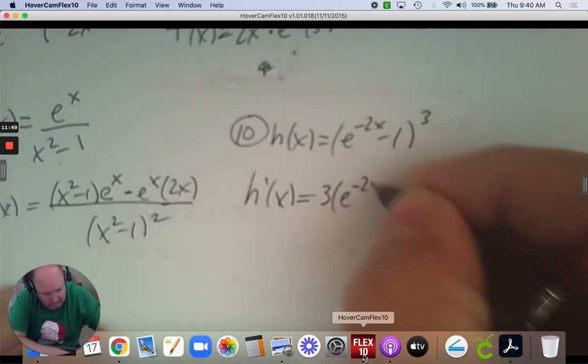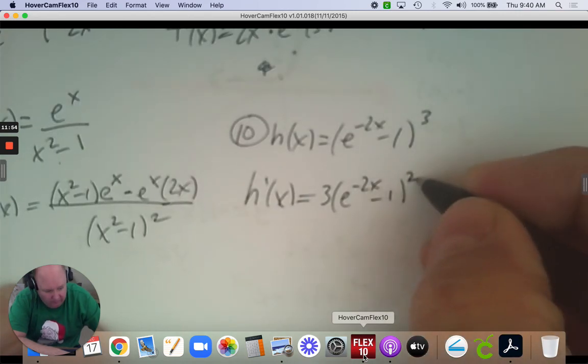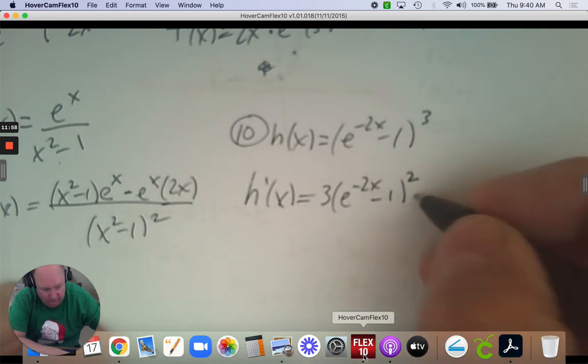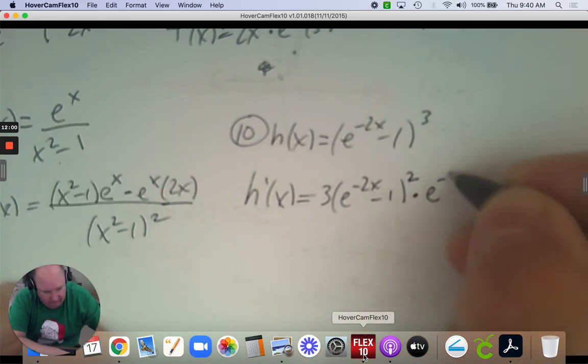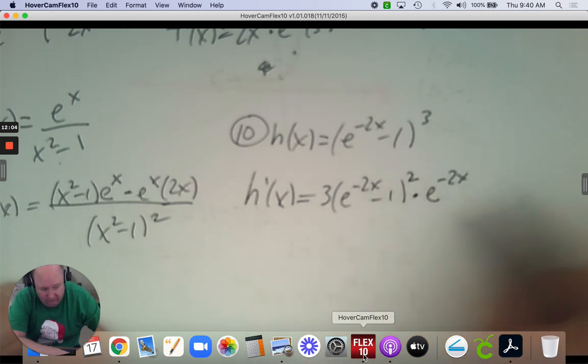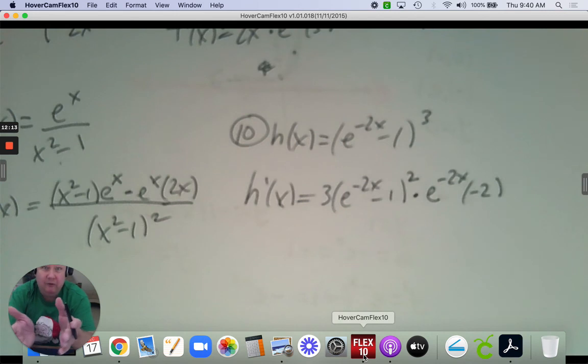That's e to the negative 2x, subtract 1, to the exponent subtract 1. Then, what's the derivative of the base? That's e to the negative 2x. The derivative of negative 1 is 0. And then what's the derivative of the exponent? It has like a little double hook to it. And then it's done. All right, that's the beginning of your assignment, 1 through 10.